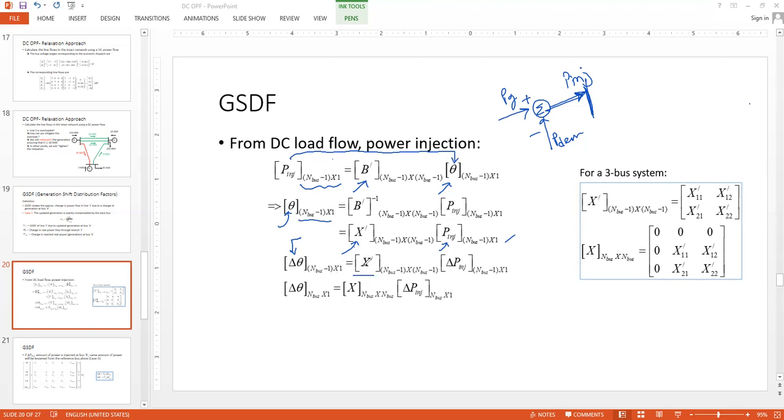There is no del X prime, because X prime and B prime are functions of network parameters, line parameters specifically, and it is assumed that the line parameters remain constant. So X dash is simply a constant matrix. However, there will be change in the injection. So this is the relationship between theta, P and X dash in actual values, whereas this one is in terms of incremental values.